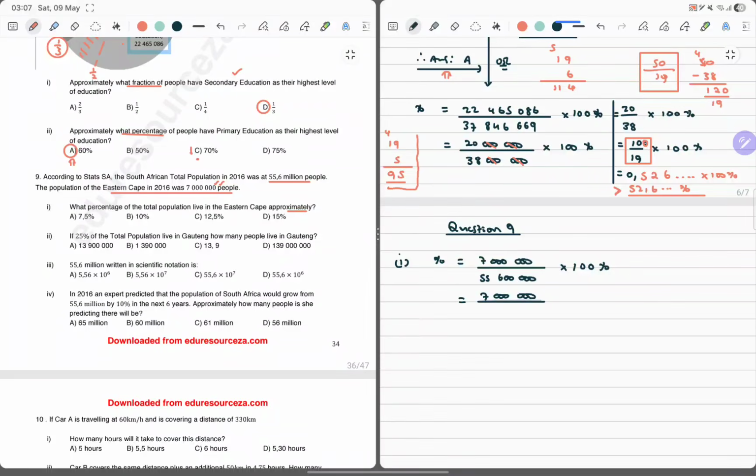But what is 55.6? It's almost 56. So this is almost 56 million. Because we want the things to go away, this one is times 100.